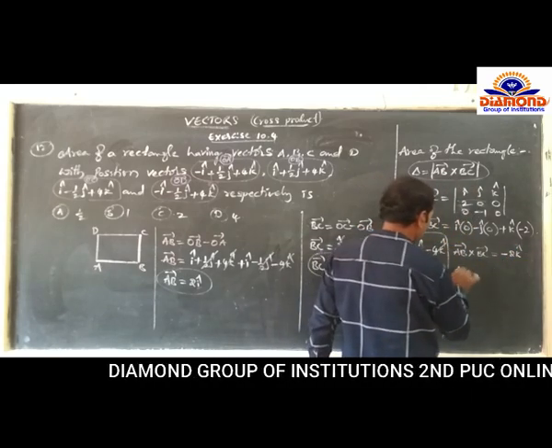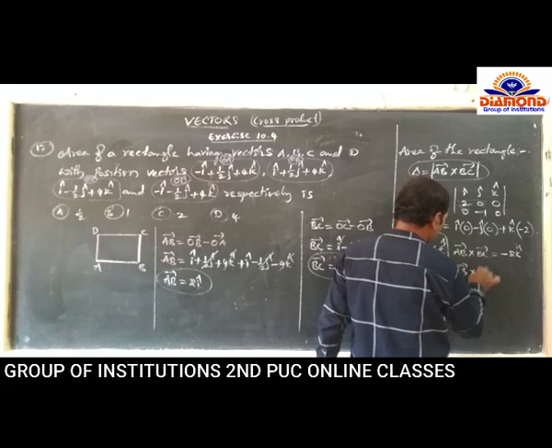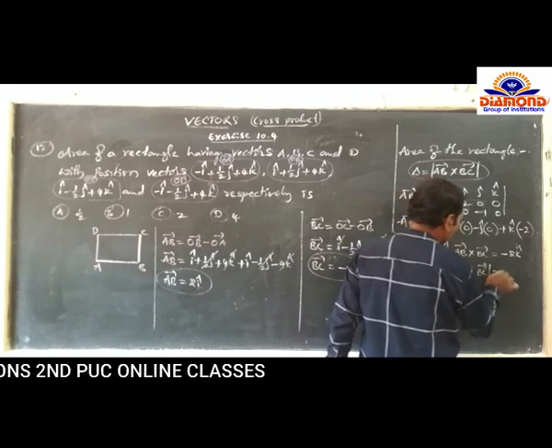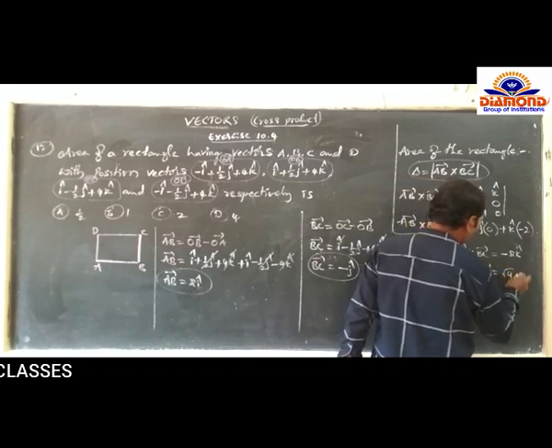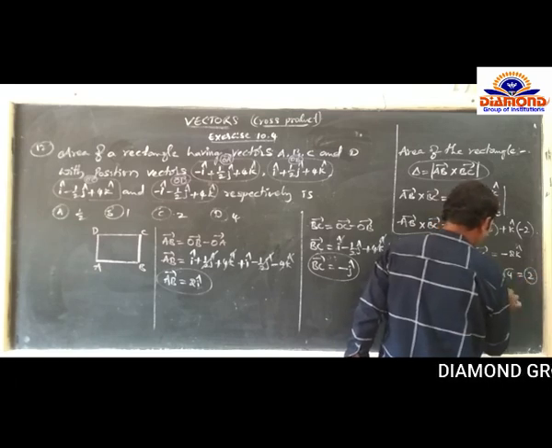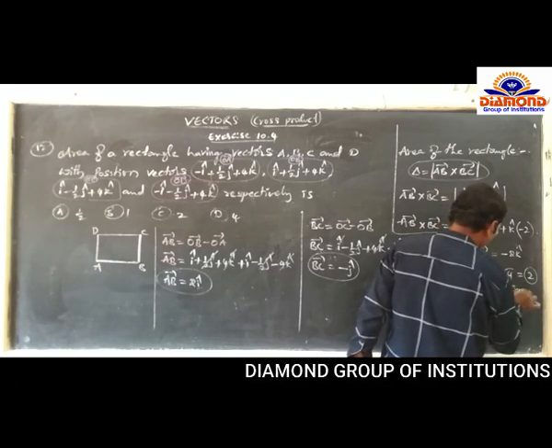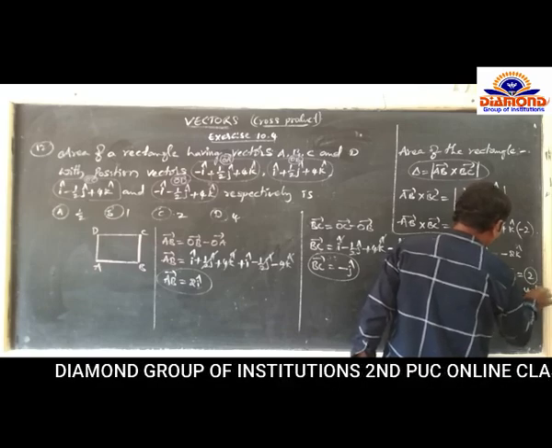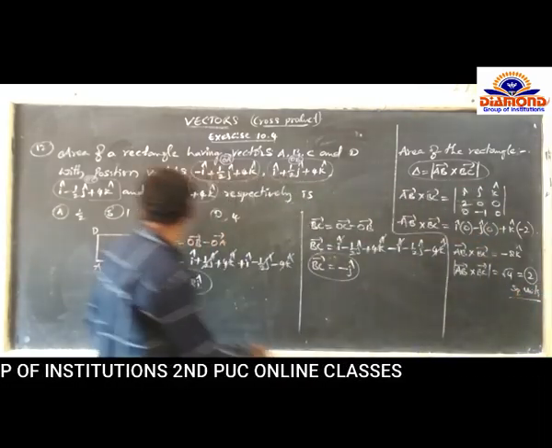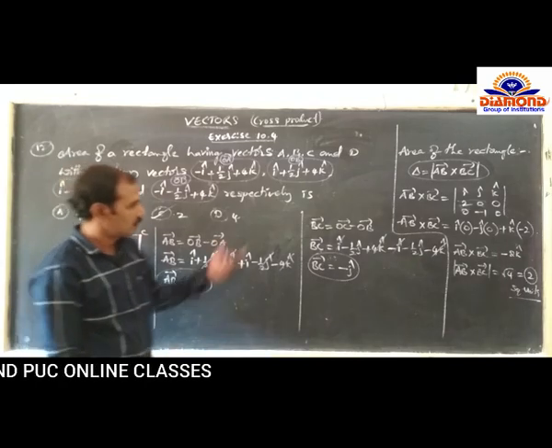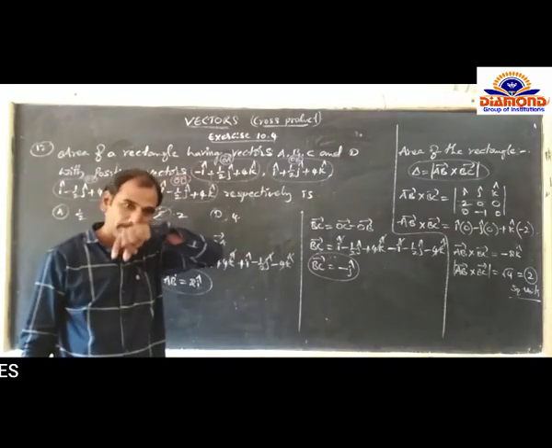Its magnitude equals root 4, which equals 2 square units. So which option is that? Option C is that. So simple, easy method.